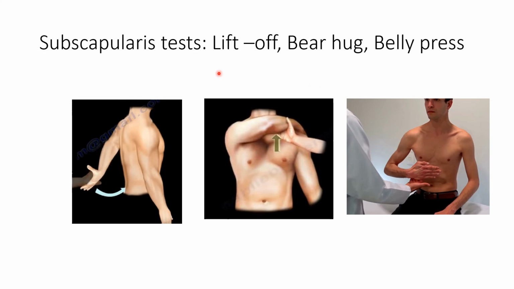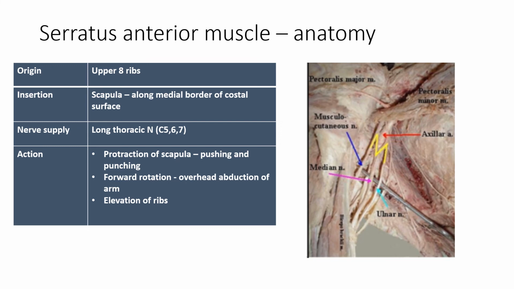So these are the three tests, lift-off, bear hug and belly press tests, that are used for testing the integrity of the subscapularis.